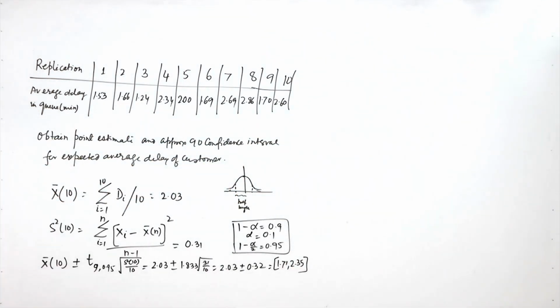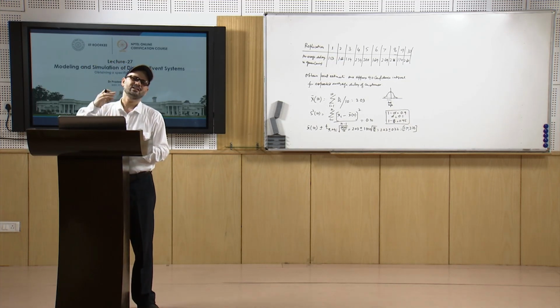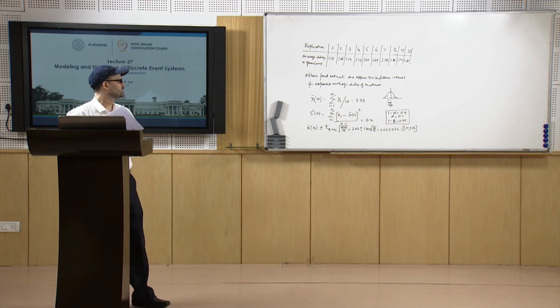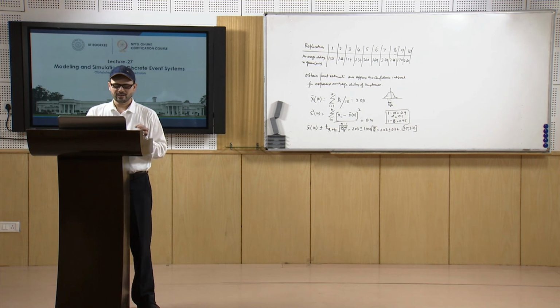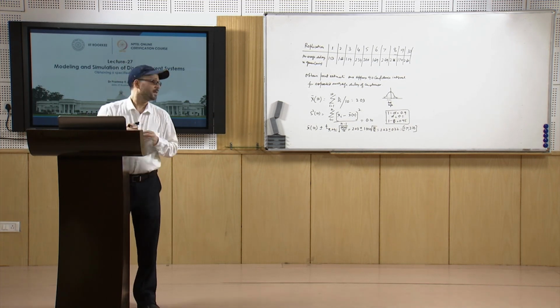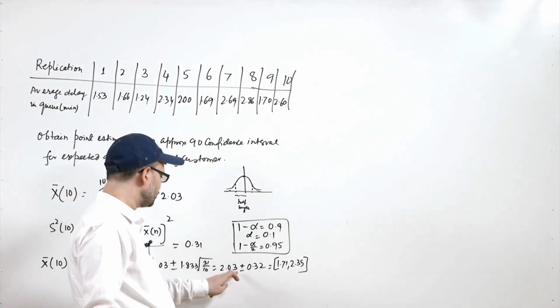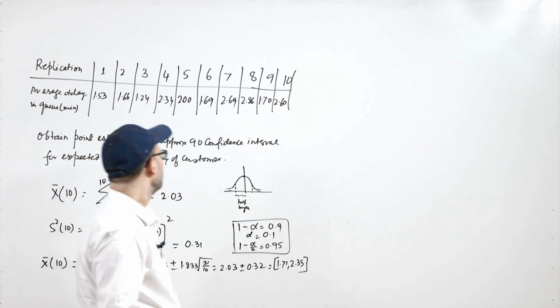This is the interval which we get, and we say that with 90% confidence the value will be in this interval. Now, here you have the mean value, the sample mean, which is 2.03, and we have the half length of 0.32.